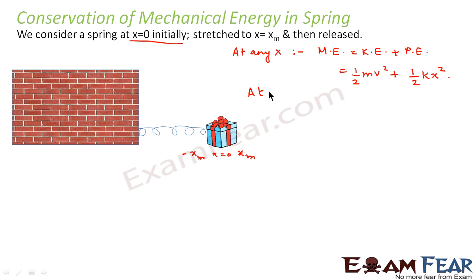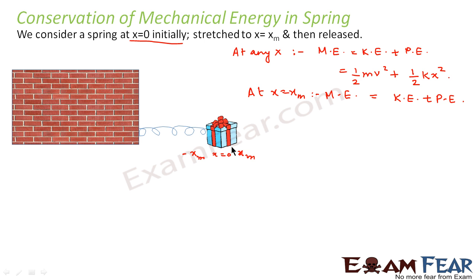Now at x equal to xm, what will be the total mechanical energy? At x equal to xm, the total mechanical energy will again be kinetic energy plus potential energy. Just think of it. We stretch it till xm, the maximum point.